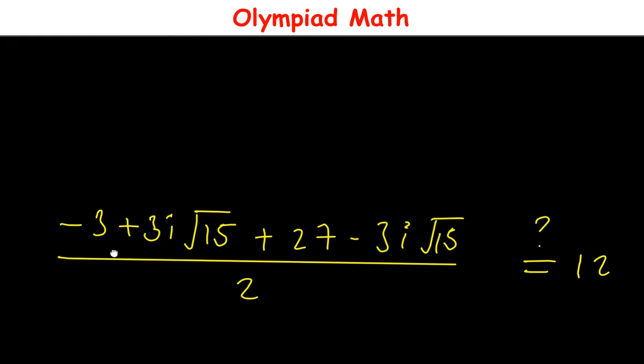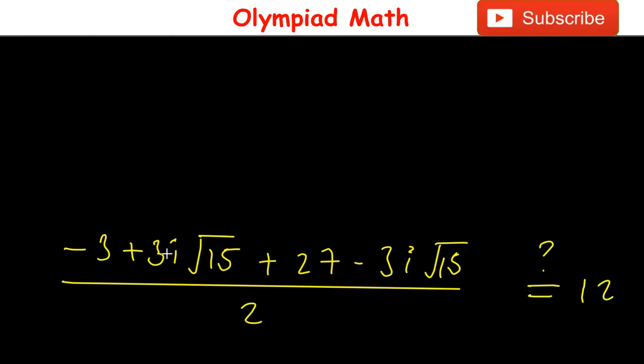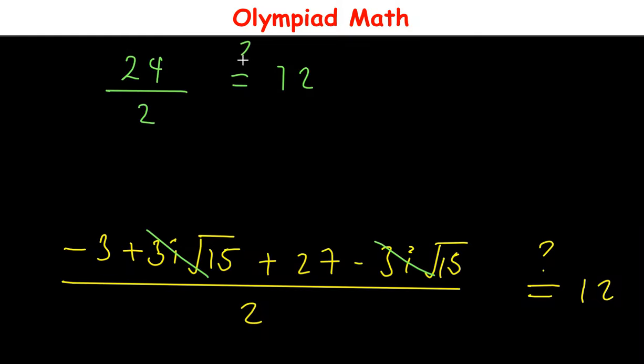So working with this, we are going to have that 3i root 15, we cancel minus 3i root 15. We are left with minus 3 plus 27 is equal to 24 all over 2, and with this equal 12 question mark. 24 over 2 is equal to 12, and this equals 12.